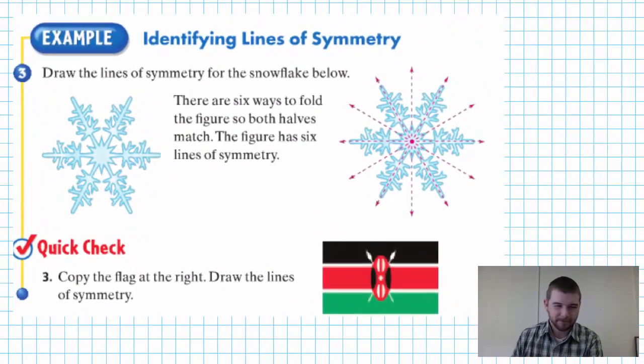Example problem 3. Identifying lines of symmetry. Draw the lines of symmetry for the snowflake below. Notice there are 6 ways to fold the figure so both halves match. The figure has 6 lines of symmetry.